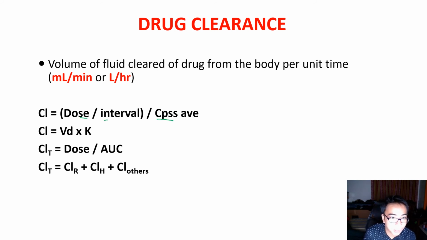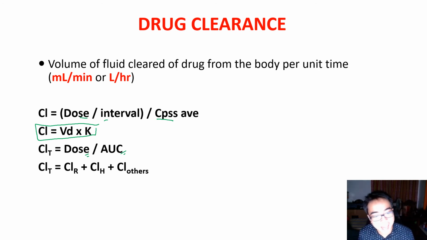CPSS, dose and dosing interval. Okay, so dose divided by dose interval divided by CPSS. Okay? Then, of course, the most common one, the renal clearance, VDK. If you're given AUC and dose, then you can use this formula, class. Clearance equals dose divided by AUC. Okay, you can compute for that.